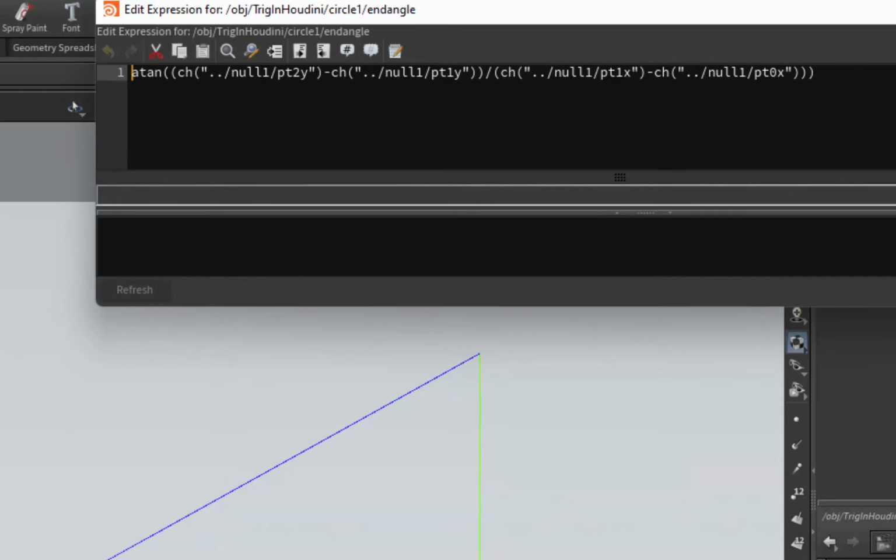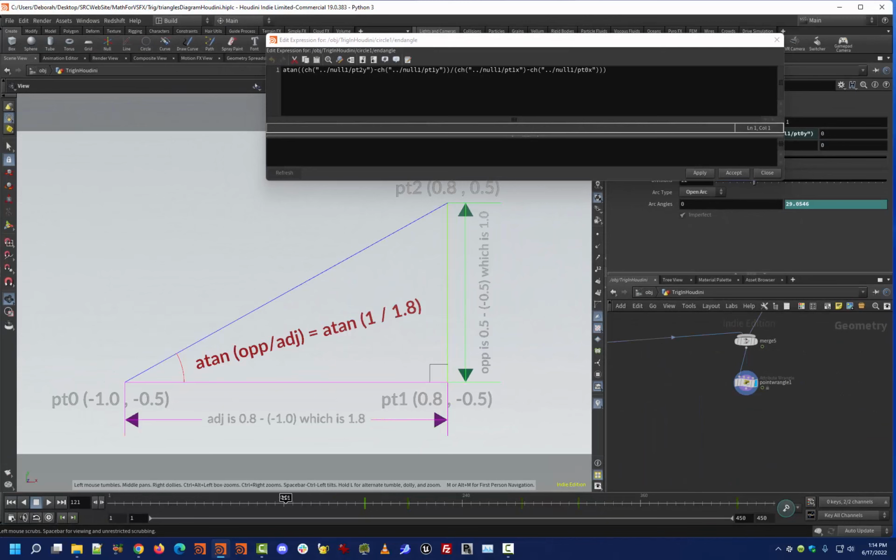If I bring up the labels again, there we go, you can see that what I'm doing is taking the y value of point 2, subtracting off the y value of point 1, and that becomes my numerator. My denominator is just the x value of point 1 minus the x value of point 0.